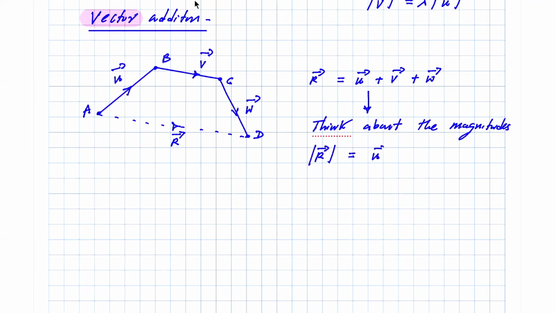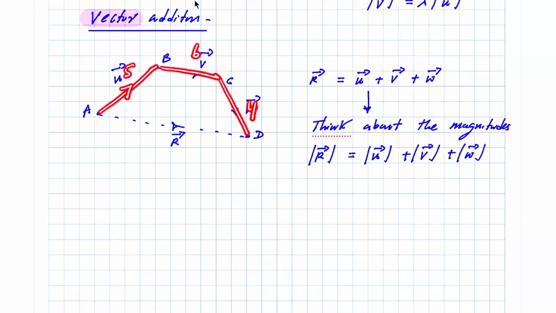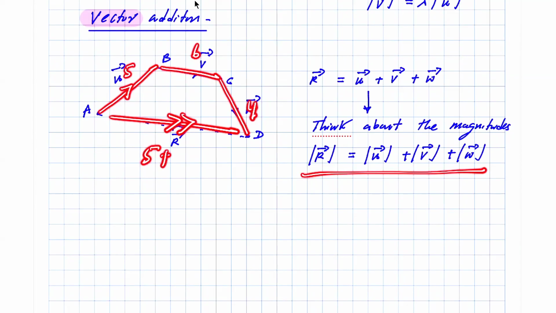So U mod plus V mod plus W mod magnitude. So this will tell you that the size of this one is 5 kilometers, for example, size of this one, for example, 6, size of this one, for example, 4. If you think about this, it tells you that the size of this length is going to be 5 plus 6 plus 4, which is wrong. Which is wrong. It is not.